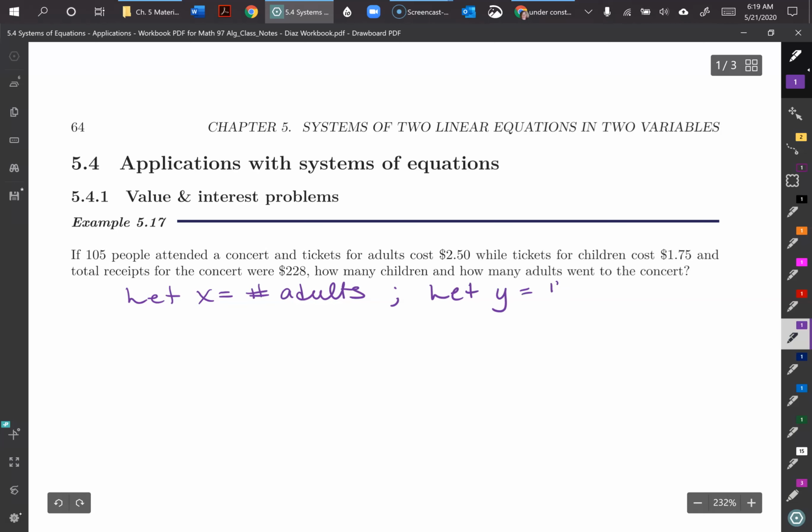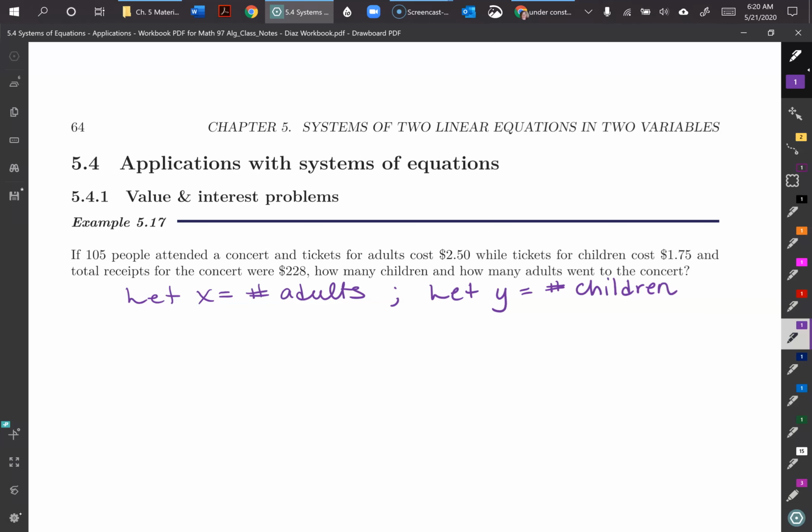So whatever the other thing is, we're just going to call that our other variable. So then we end up with two unknowns and two equations, so therefore we can solve.